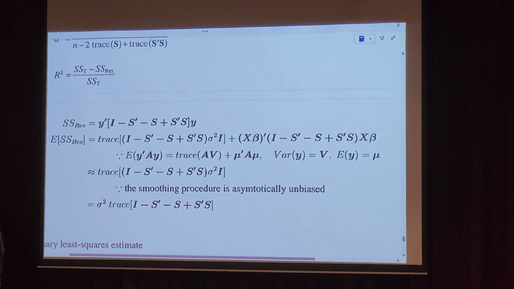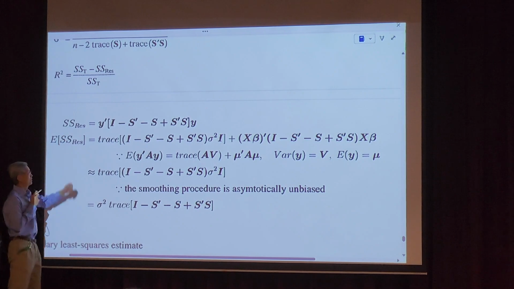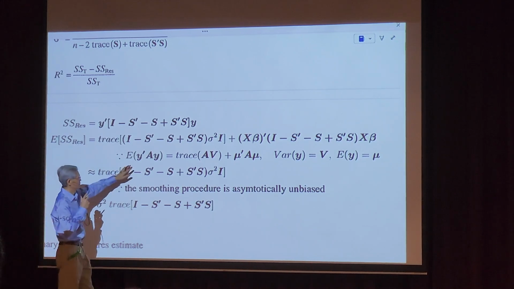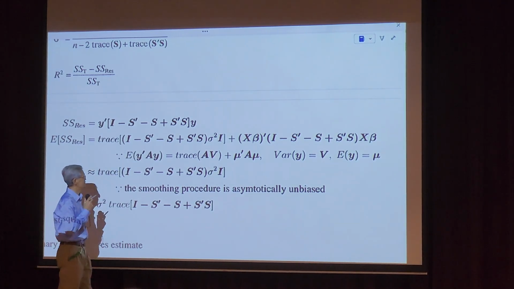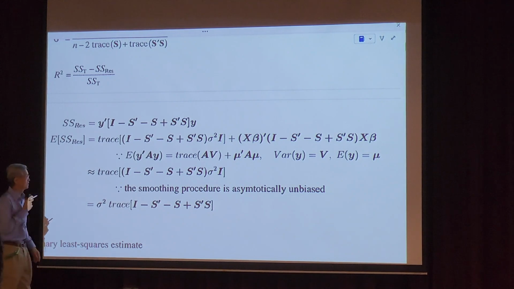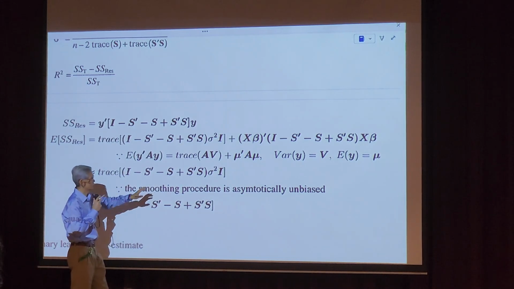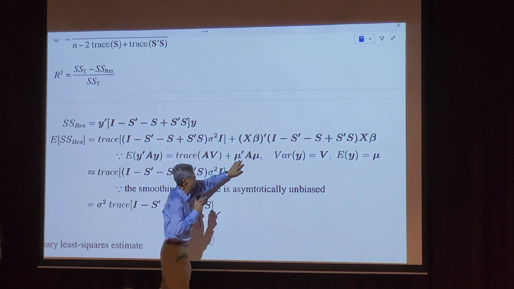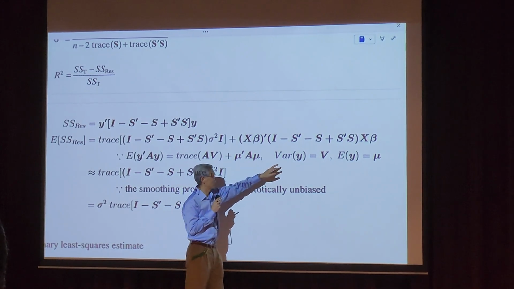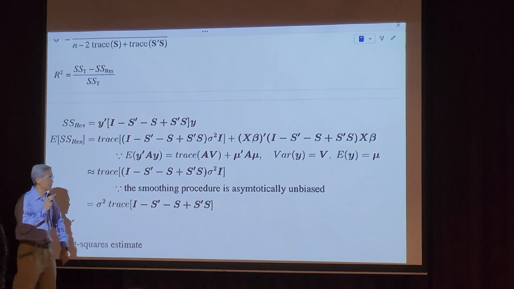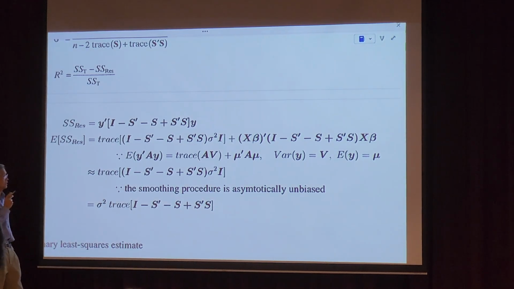So the sum of squared residuals is equal to this. That's what we have derived. But note that there's a result for finding this: the expectation of y transpose A y is equal to this. This is a theorem, where the variance of y is V and the expected value of y is mu.